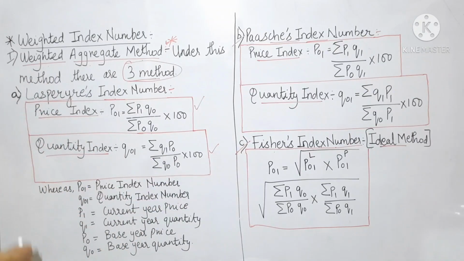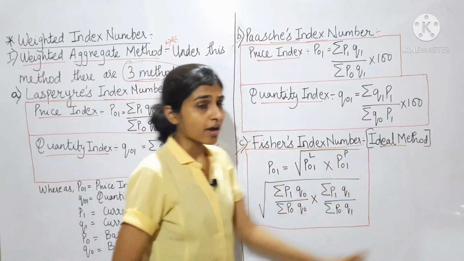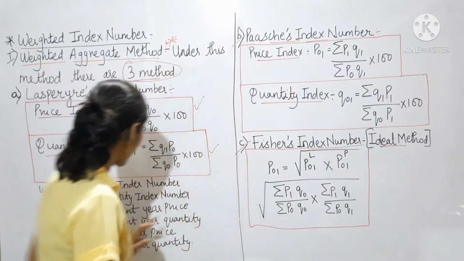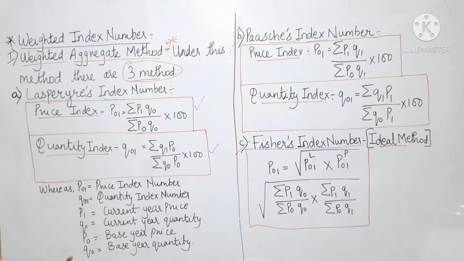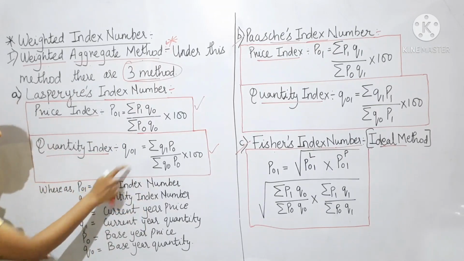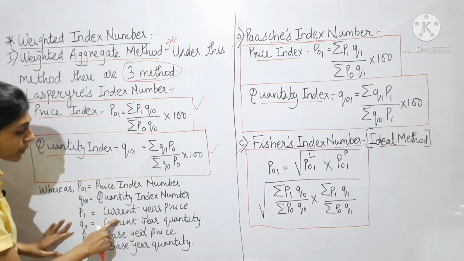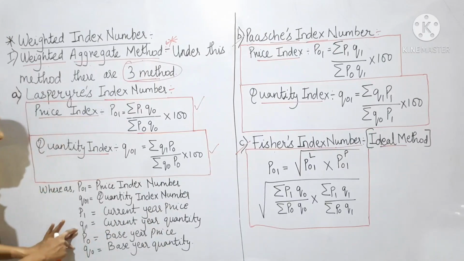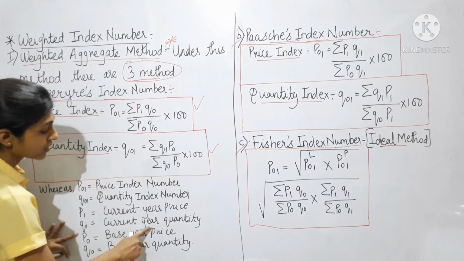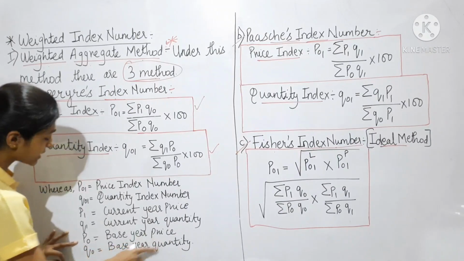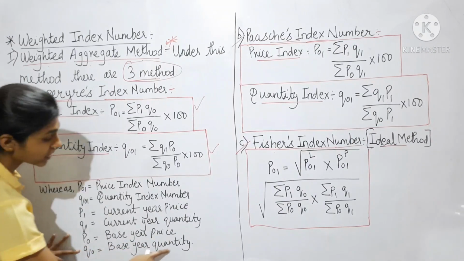Now, how to read all these formulas? How to read the Laspeyres, Paasche's and Fisher's formulas, the explanation is given here. P01 stands for price index number, Q01 stands for quantity index number, P1 stands for current year price, Q1 stands for current year quantity, P0 stands for base year price, Q0 stands for base year quantity.